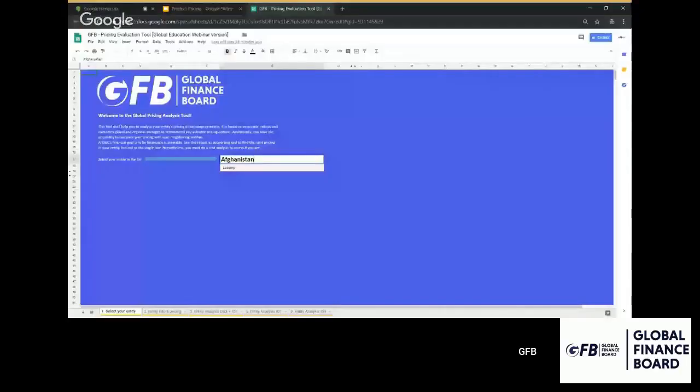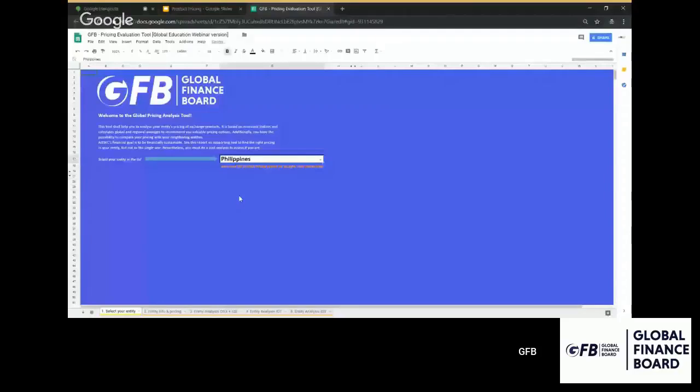So let's pick a random entity. You can see here in select your entity, you can choose from a list of entities. So, Philippines. Once you click an entity, it would automatically show data related to that.